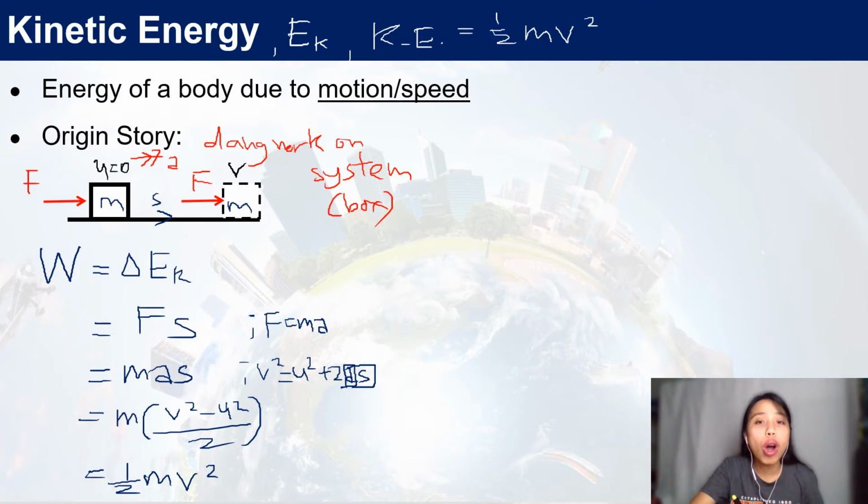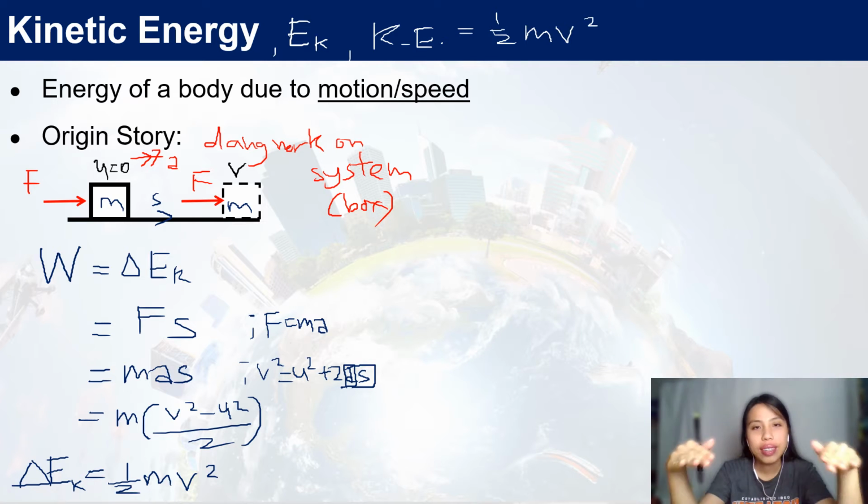And this is the most common form we have seen this kinetic energy appear. Oftentimes we say it's EK, but actually the true story is that it's a change in kinetic energy with reference to 0. So we're saying speed of 0 is the reference point, 0 kinetic energy when you have a speed of 0.